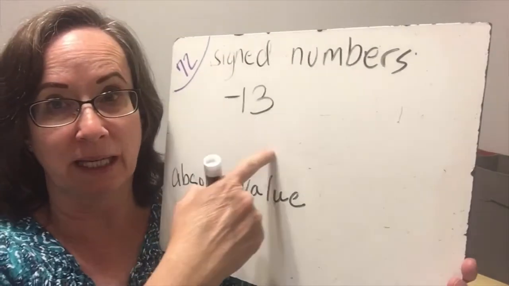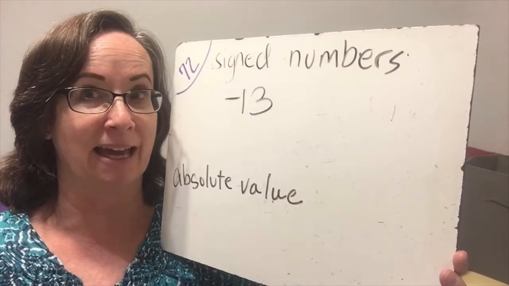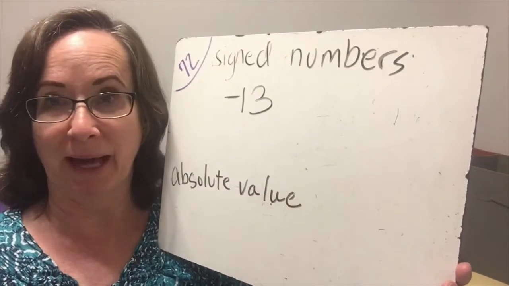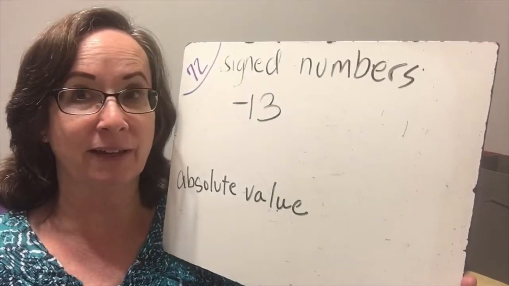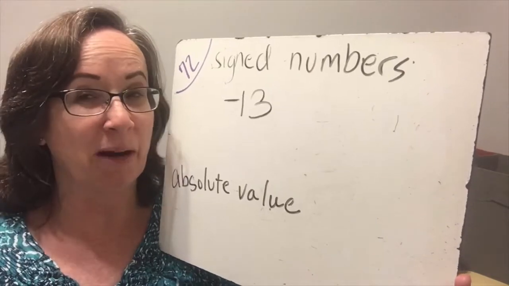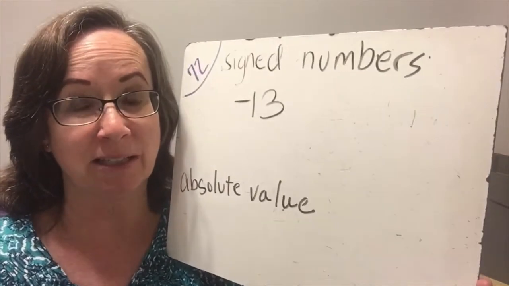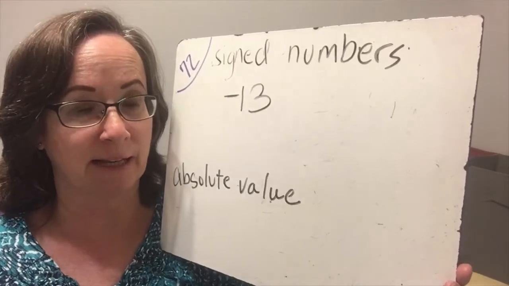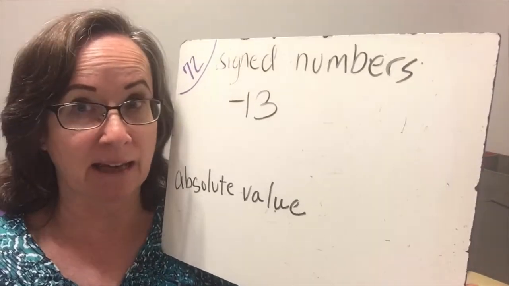So that would mean I'm $13 in debt to my mom, and that would be bad. Okay, so negative is always going to have a sign. And positive, you can put a sign if you want to, but you don't have to, because we always assume that they are positive if we don't see a sign at all.